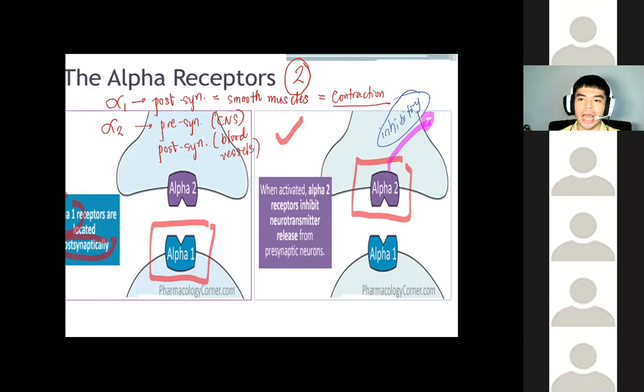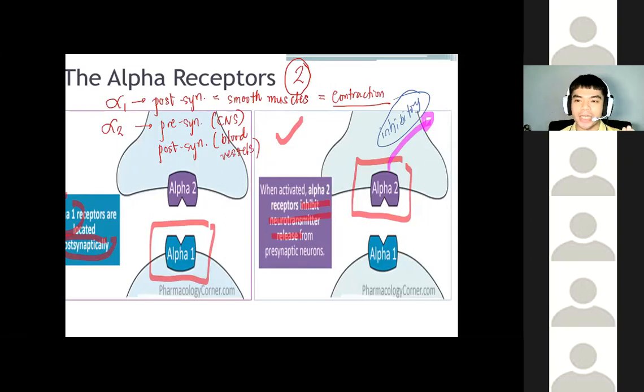Siya ay taga-block or taga-control ng usual sympathetic effect. Kaya mababasa nyo sa slide, inhibit further release of neurotransmitter like norepinephrine. In Tagalog, pinipigilan ng presynaptic alpha-2 ang paglabas ng norepinephrine.